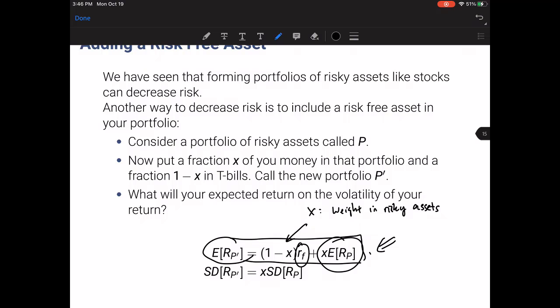So this X is the same as this X, but because it's a constant that we just added by augmenting our portfolio to include riskless assets, that term goes away, and so the standard deviation of our new portfolio is just a scalar of our volatility of our original portfolio by the weight we now decide to allocate only into the risky assets and not into the riskless assets.